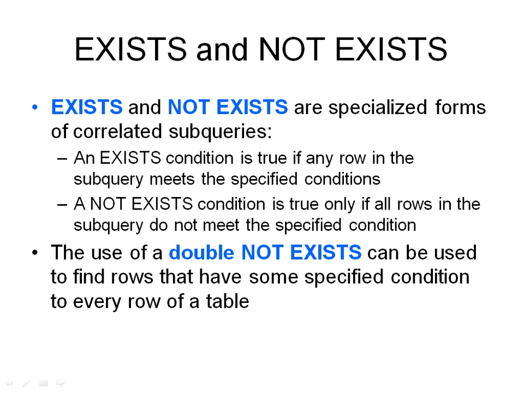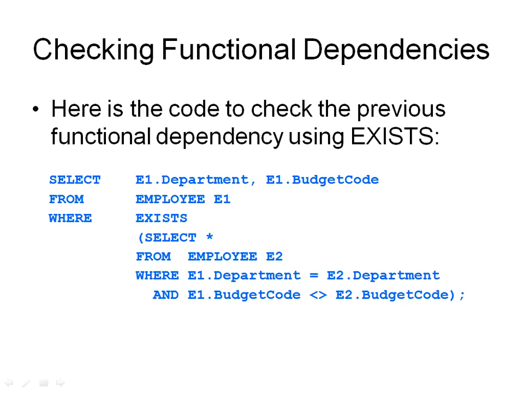We can also use NOT EXISTS to find rows that have some specified condition to every row of a table. If we go back to the example of functional dependencies, we can use an EXISTS subquery to check that no two departments have the same budget code, as shown in the SQL code here.